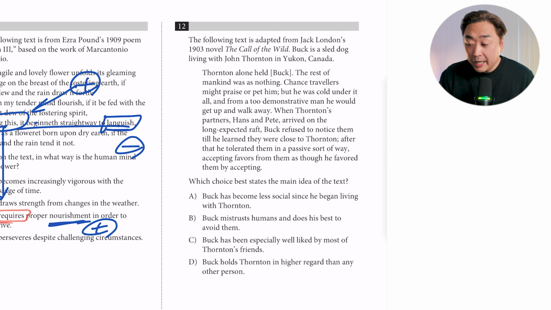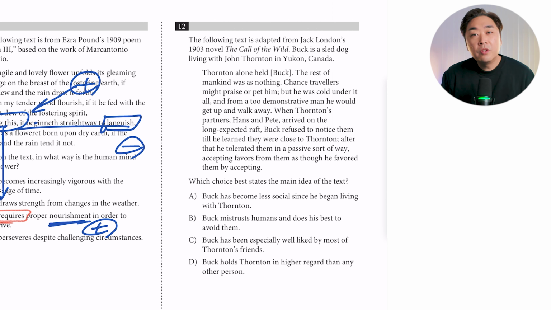"Chance travelers might praise or pet him, but he was cold under it all, and from a too demonstrative man, he would get up and walk away." So that means he wasn't interested in anyone else but Thornton. It says, when Thornton's partners Hans and Pete arrive on the long-expected raft, Buck refused to notice them until he learned they were close to Thornton. So you've got this lovely bond between Thornton and the dog.